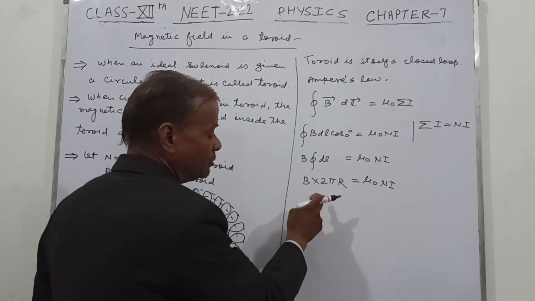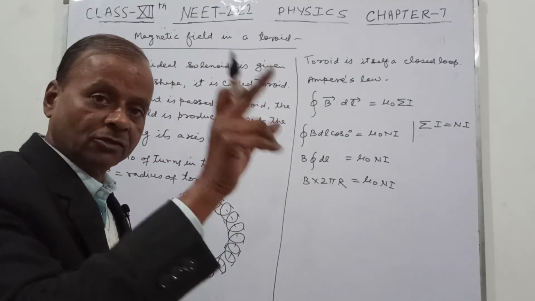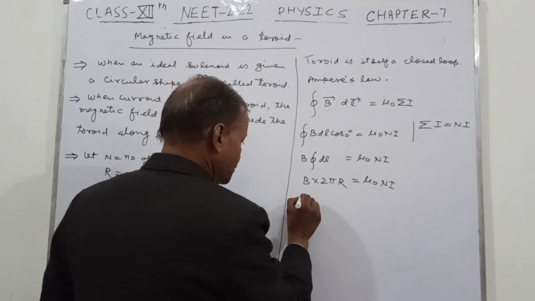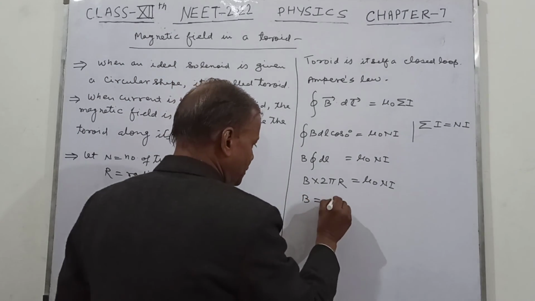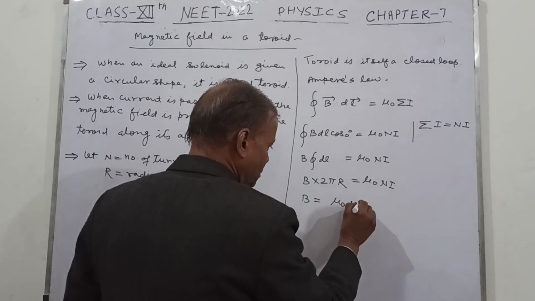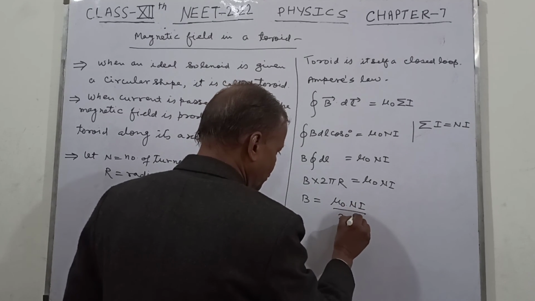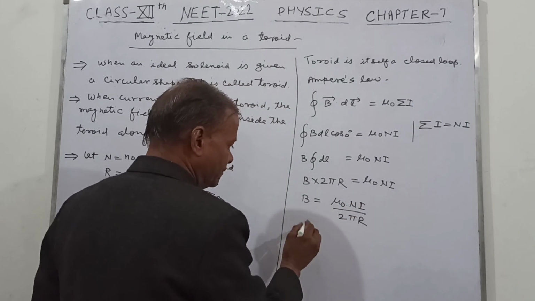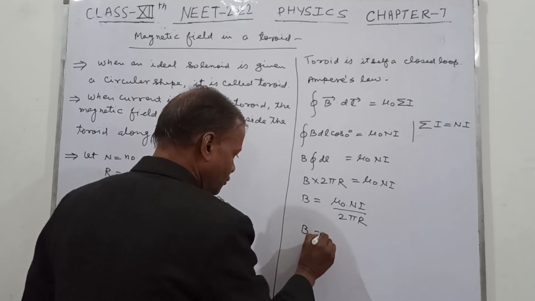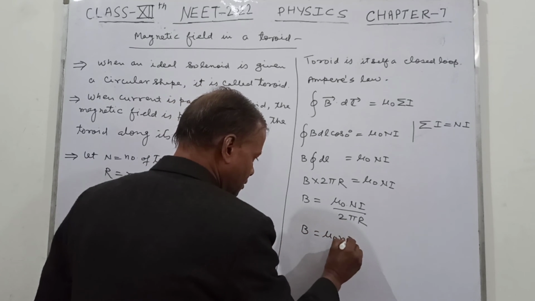This integration is equal to the length of the circumference, so B is equal to mu naught n i upon 2 pi r.